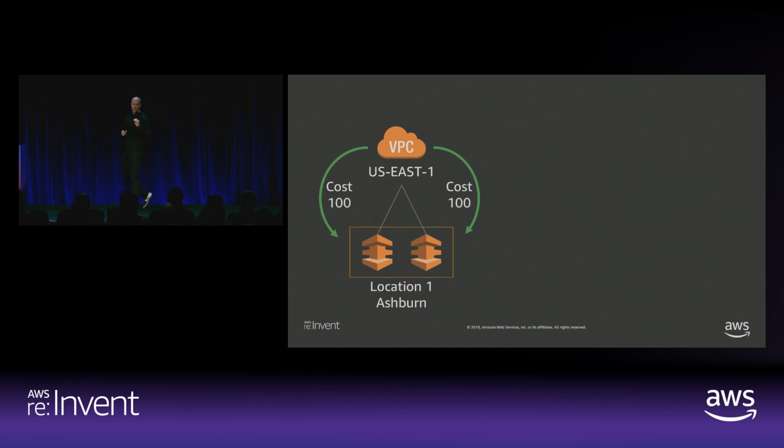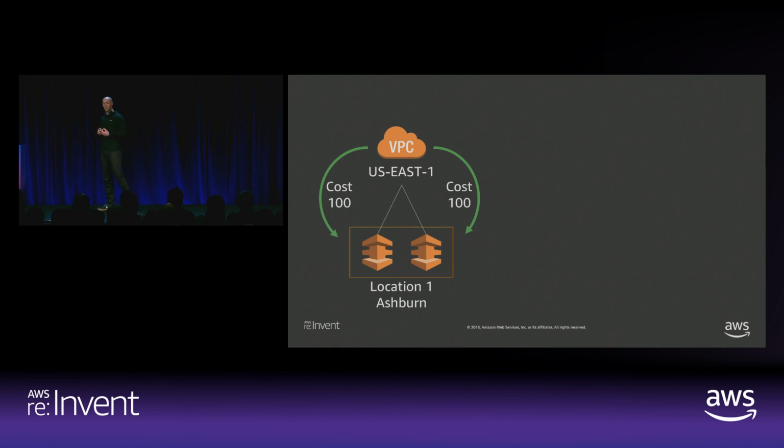In this diagram, you have two direct connects to the same Ashburn location, split between at least two routers. And the network cost to both of these is the same, 100. This is called equal cost.